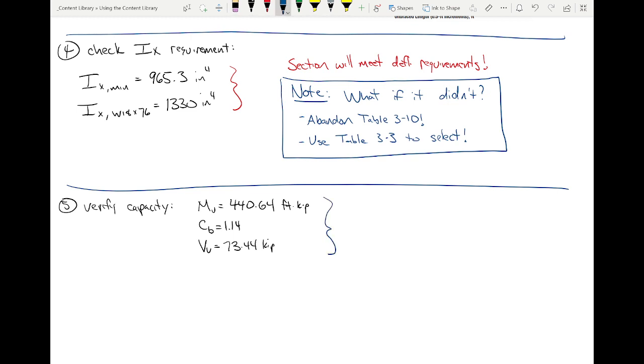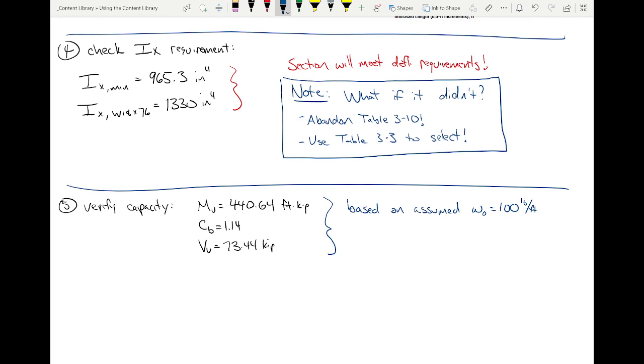These values are based on assumed w0, which was 100 pounds per foot. What's our actual w0? 76.